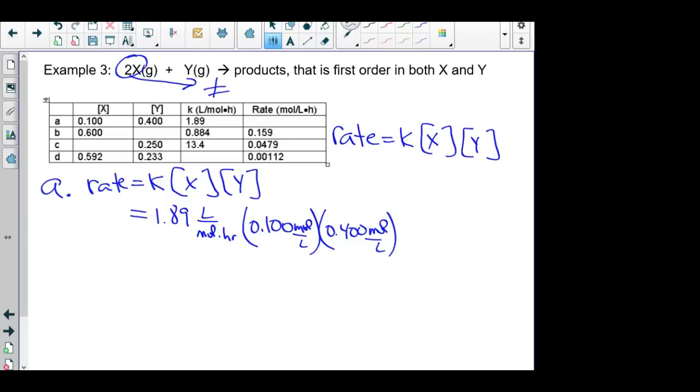Okay, so let's go through and figure out this answer. We're going to multiply 1.89 times 0.100 times 0.400, and we're going to get 0.0756. And yes, you need to include units in your answers. If you think about this, moles would cancel with this moles, this liter cancels with this liter, so what we have left then is moles over liter hours. Sometimes you'll see H for hours, sometimes you'll see HR.